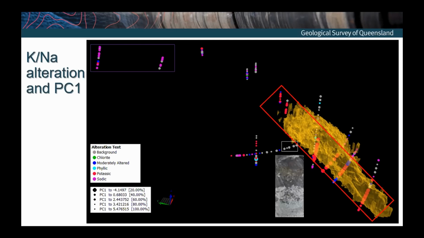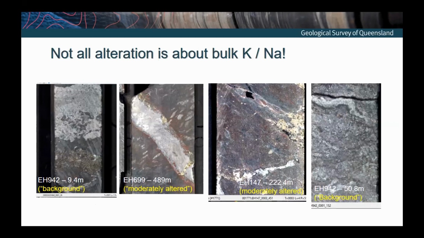That's what the sample looks like, and it's not very unaltered. In fact, it's a sample with chalcopyrite. It's a clear illustration of the fact that using a simple feldspar discrimination diagram from bulk geochemistry does not do justice to describing the alteration story.